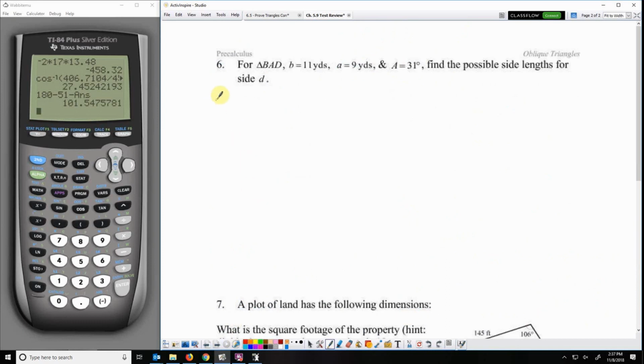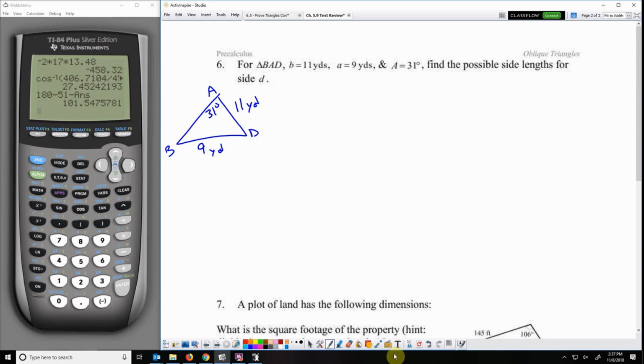All right, for triangle BAD, side B is 11 yards, side A is 9 yards, and angle A is 31 degrees. Find everything that's missing. Now in this case, I do not have side, side, side. I do not have side, angle, side.